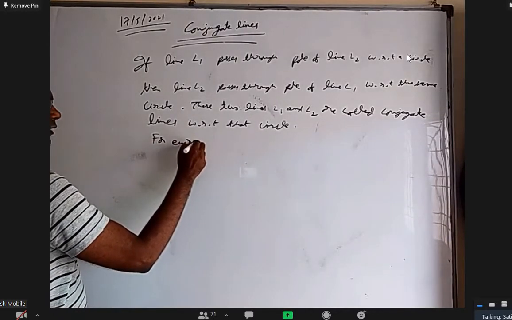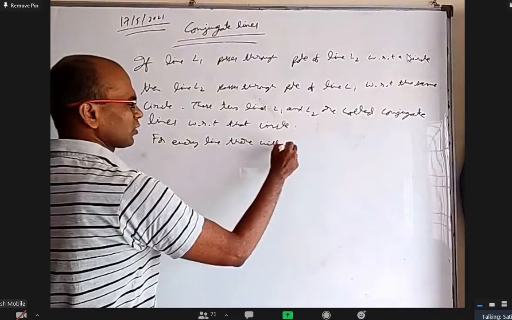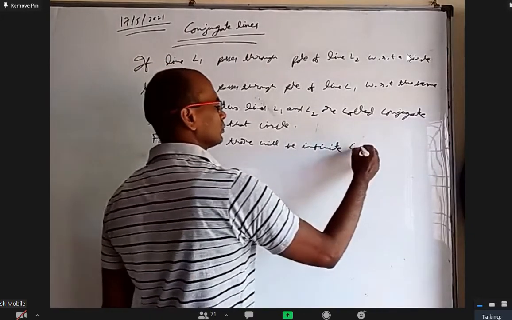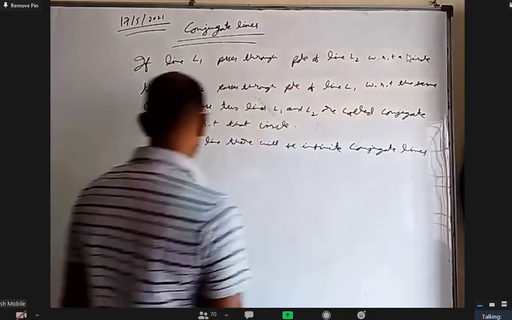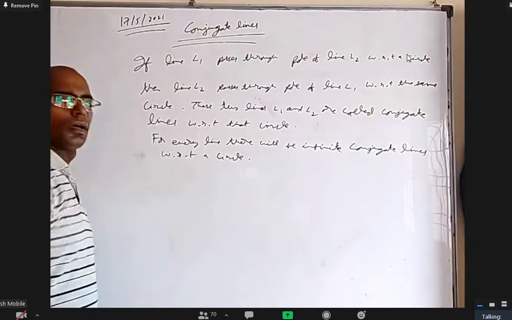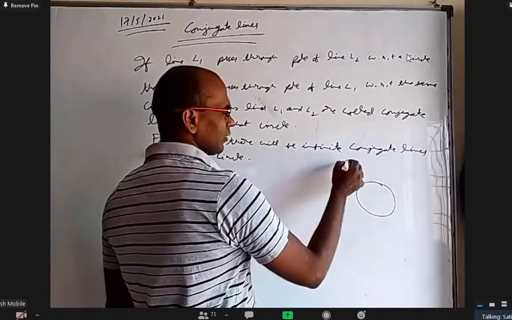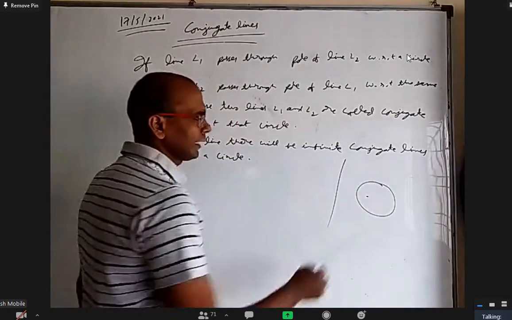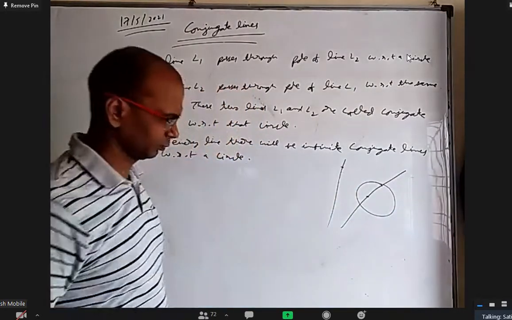For every line, there will be infinite conjugate lines with respect to the circle. Okay, so the figures actually will be the same in a sense. Let us say I have one line and it has a pole. Take any other line through that pole, and the pole will be on this line.